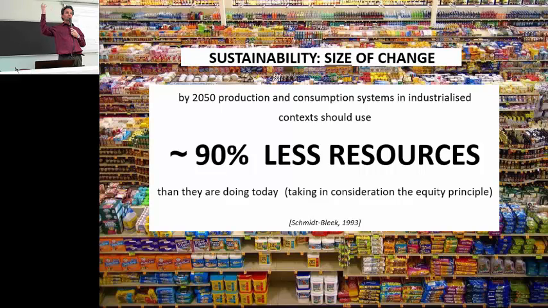By 2050 we have to reduce by something like 90% the consumption of resources, considering industrialized contexts and the equity principle, so that everyone has the same right to the environmental space. So there has to be a redistribution of resources.